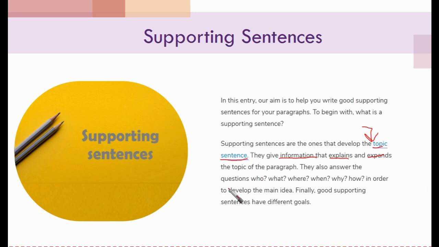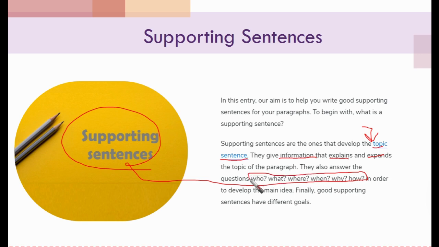They also answer questions like who, what, where, when, why, how, the WH questions, in details. Remember, the topic sentence should not be too specific. Why? Because we have supporting sentences. Supporting sentences answer who, what, where, when, why, how, the details of the topic sentence, by giving further information, okay?